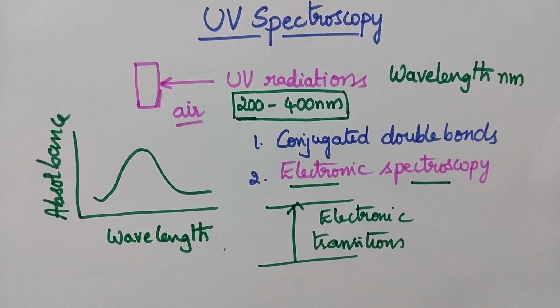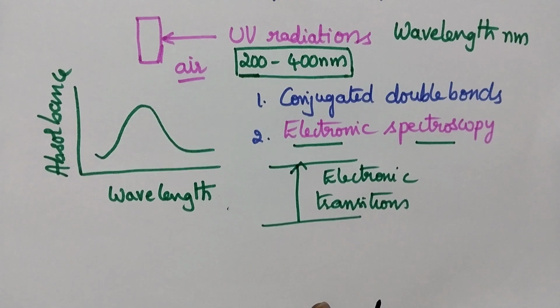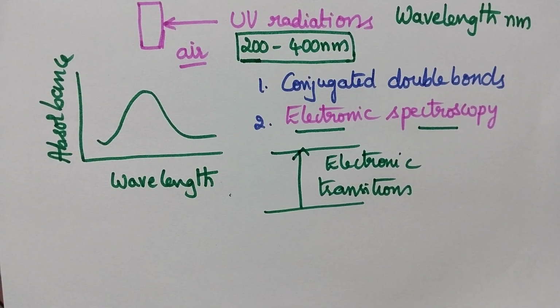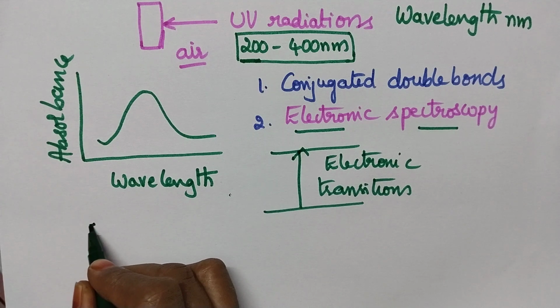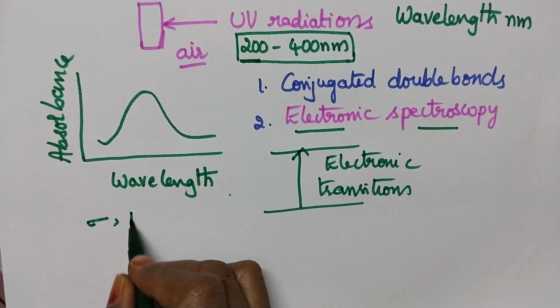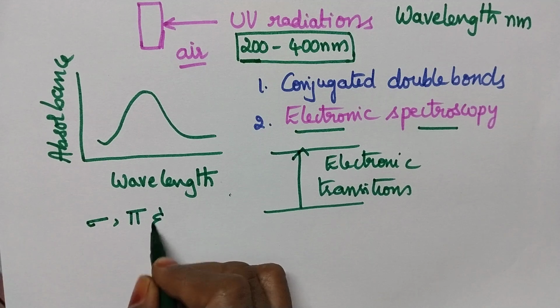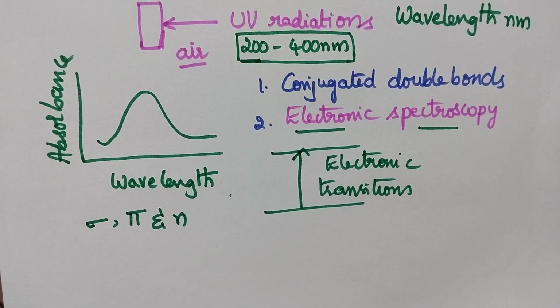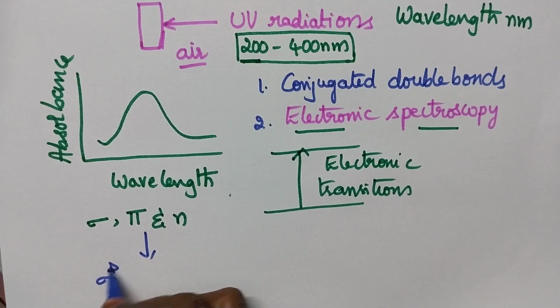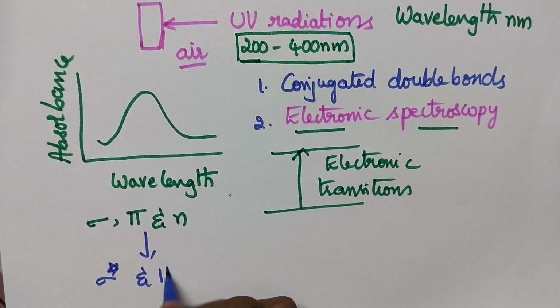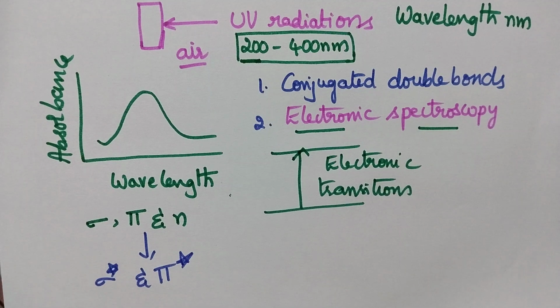Coming to the important applications of UV spectroscopy, UV spectroscopy generally involves the excitation of sigma, pi and n electrons to sigma star and pi star excited levels.